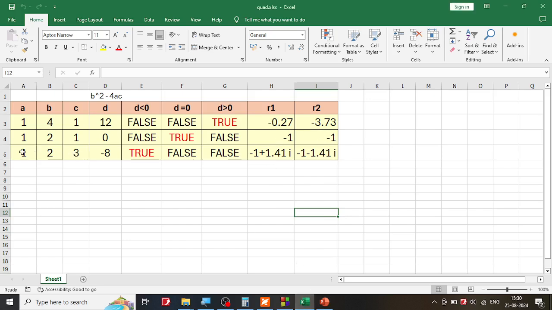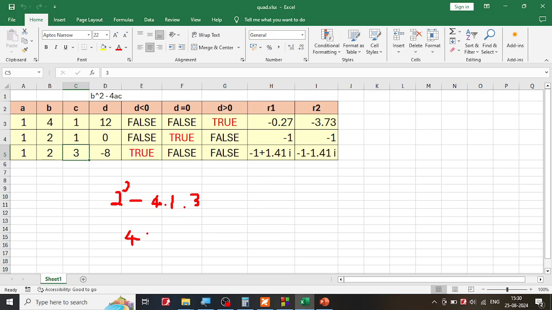Suppose I take a is equal to 1, b is equal to 2, and c is equal to 3. So let's calculate this b squared minus 4ac. What is b squared? 2 square, minus 4 into a, which is 1 here, into 3. 2 square is 4, and 4 into 3 is 12. Multiplying by 1 will not make any difference.